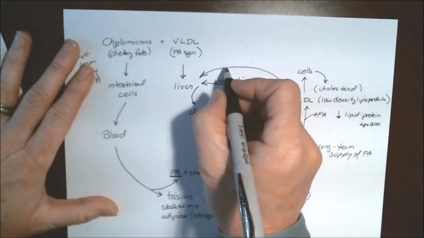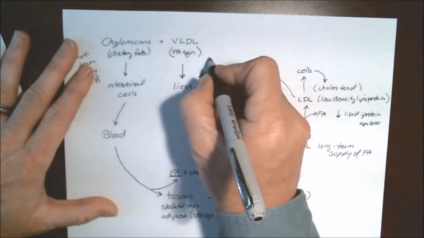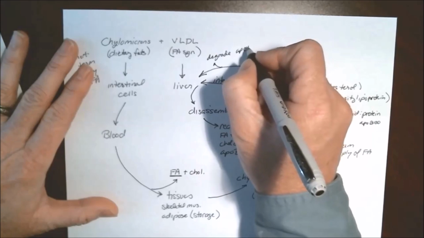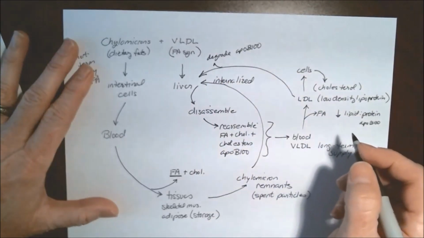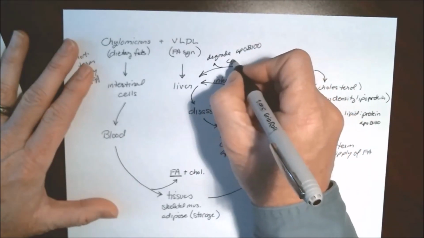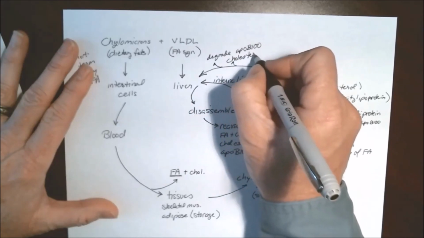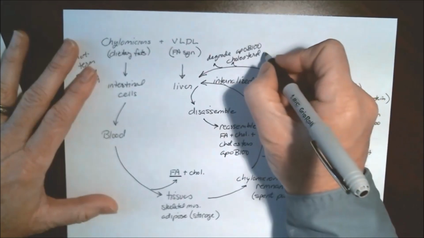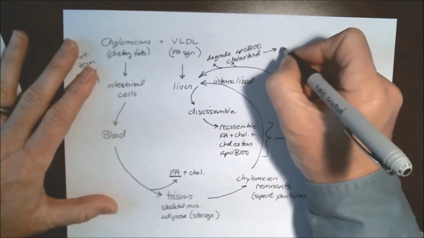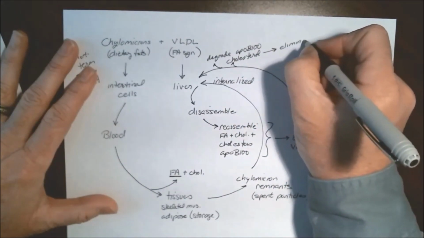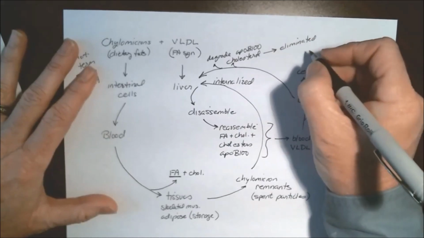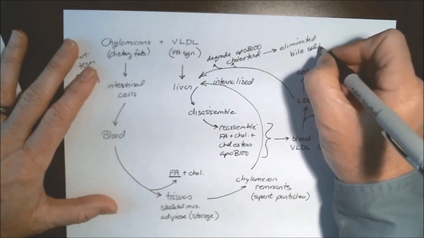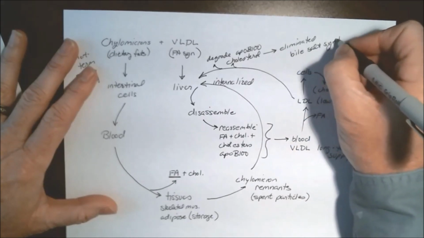and in doing so, it will degrade the ApoB100 protein, and the cholesterols that remain, that are being extracted from here, will be eliminated from the body through bile salt synthesis.